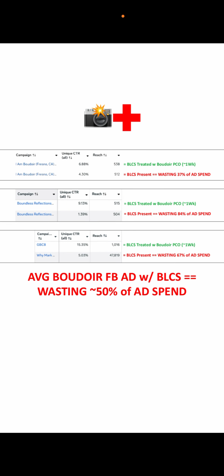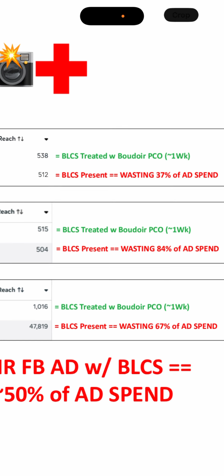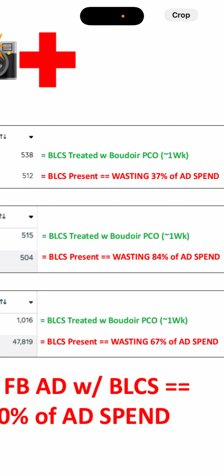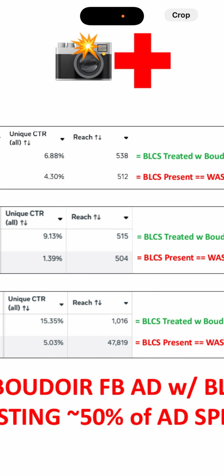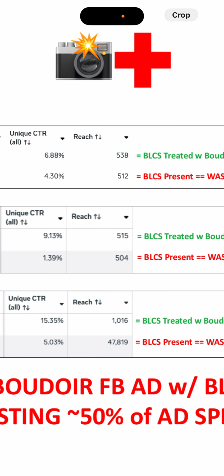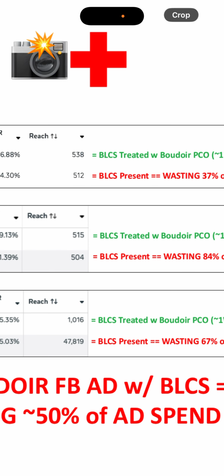So I duplicated it, retested it. I treated it with Boudoir Pico. It took about a week. And we got the unique CTR up to 6.88%. So basically, approximately from like 4 women out of 100, our ad is entering their brain to now approximately 7 women out of 100, our ad is entering their brain.